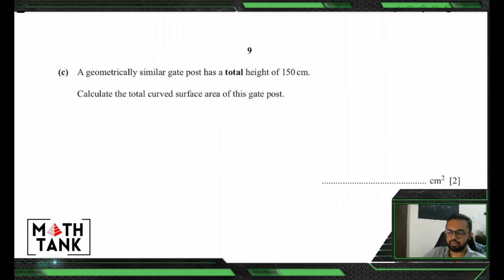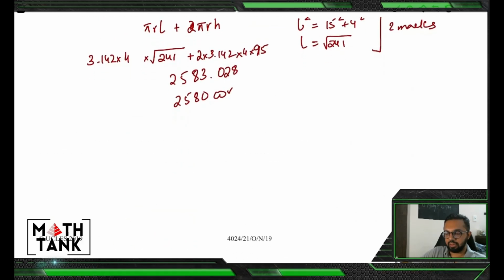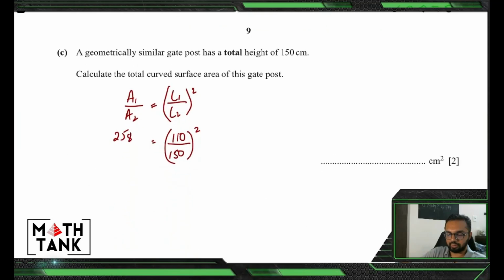You square it. You say that area 1 over area 2 is basically L1 over L2 whole square. So L1 was 110, L2 is 150. Let's square that. Area 1 is 2583. Area 2 is what I'm trying to find.